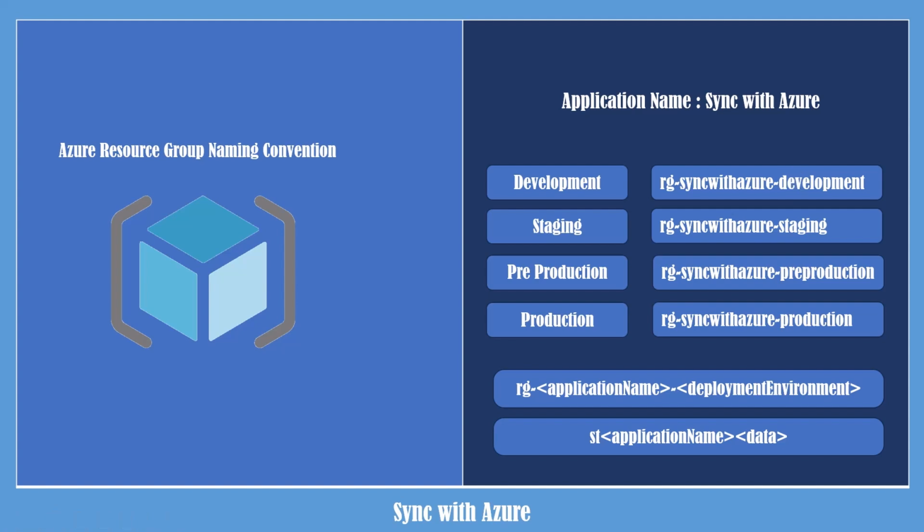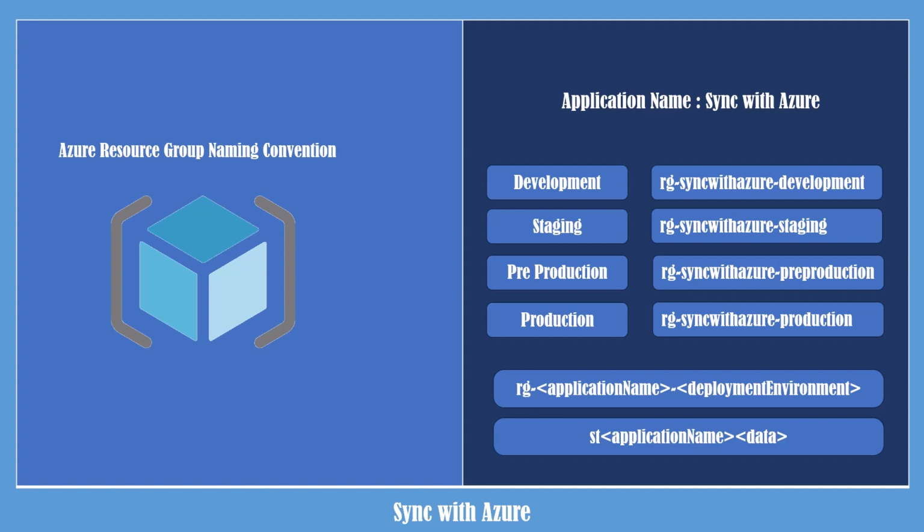Like for the staging environment, RG, Sync with Azure is the application name and staging is my environment. Same for pre-production and production. And for the storage account, we will write ST, the application name Sync with Azure, and the data. You can also give a different name for the data as well.